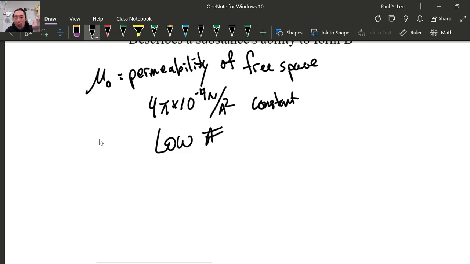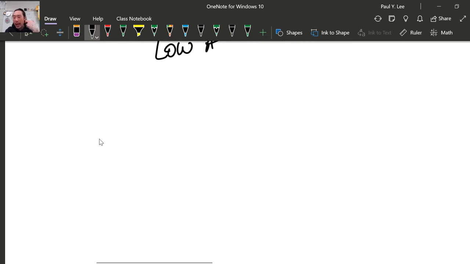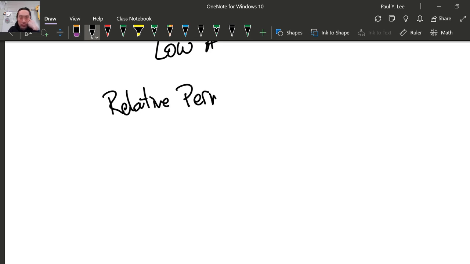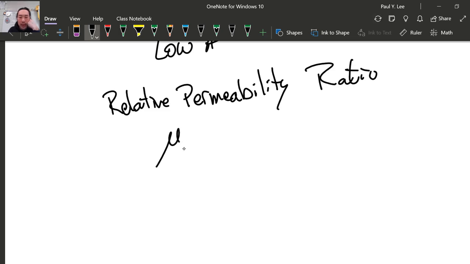To describe the ability of an object to sustain this magnetic B field, we call that the relative permeability. And it is a ratio. You'll see this with a subscript r, and it is equal to mu, the object's permeability, divided by the vacuum's permeability, or the permeability of free space.